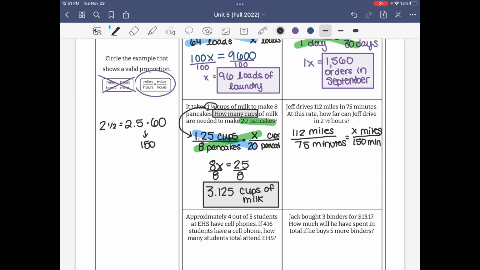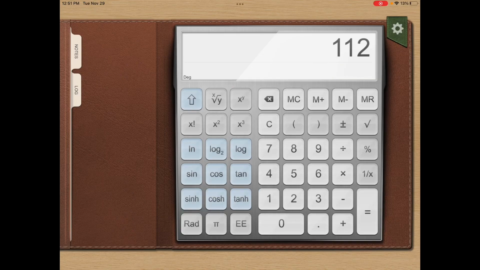Now I'm going to cross multiply. 75 times x is going to be 75x equals 112 times 150, 16,800.